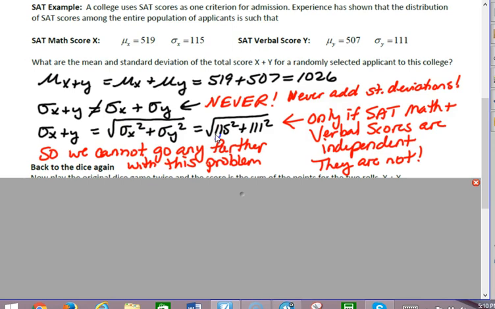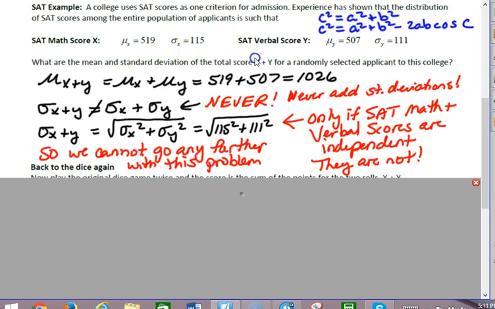Now, in statistics in general, if you took a higher level of statistics, there is a way to deal with this. For those of you who have had pre-calc, think about the Pythagorean theorem, and then the more general case, which is the law of cosines.